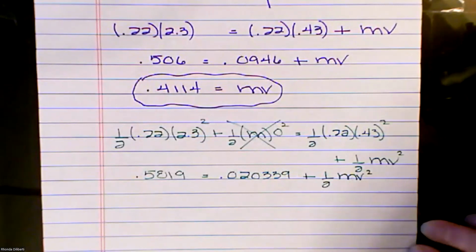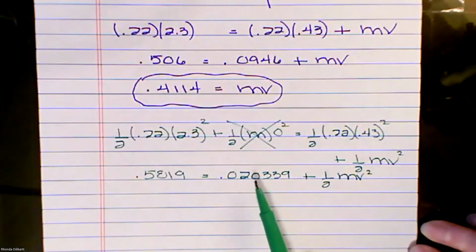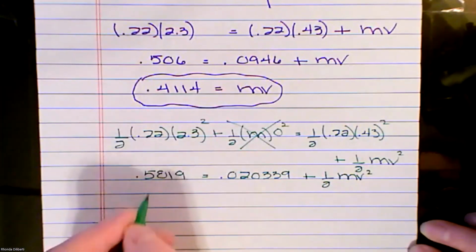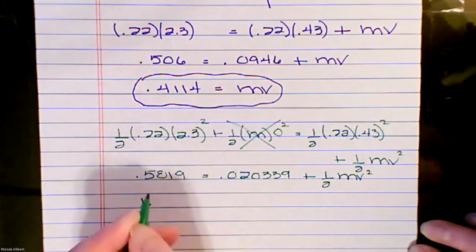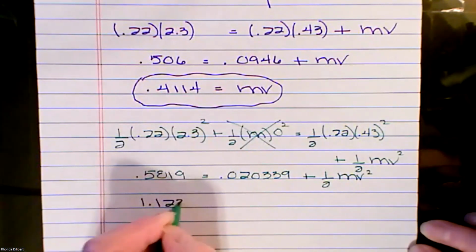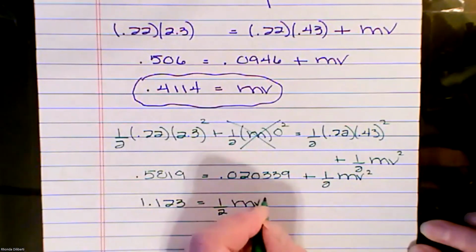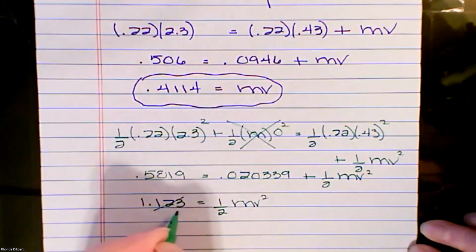All right, I'm just trying to get this math fact as simple as I can. So I'm going to subtract this from both sides. That gives me 1.123 equals 1/2. Whoops, I did that wrong. That number's wrong.